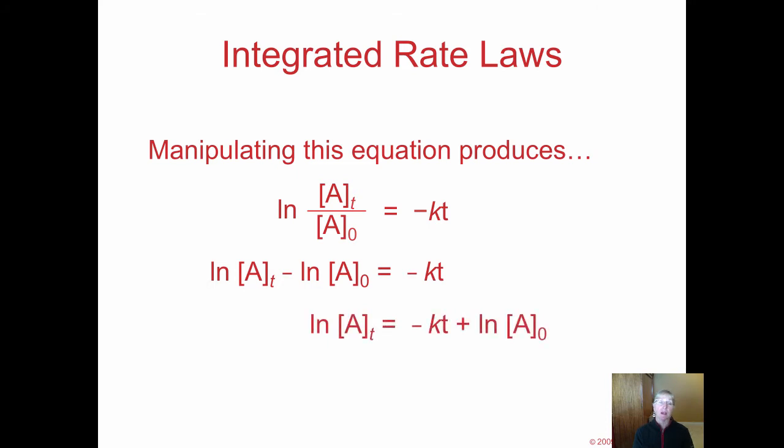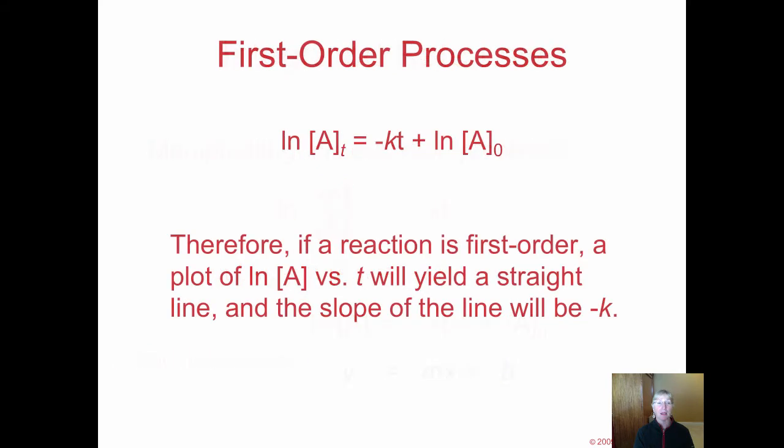You can also do the concentration of reactant A at a specified time, and with some calculus first and then some algebra second, you can create an equation that shows a linear line, y equals mx plus b. This is a rerun, and the way that you interpret this is if you come up with either a straight line with a negative slope or a rate law that could be expressed in this format, then what you have is a first order reaction.